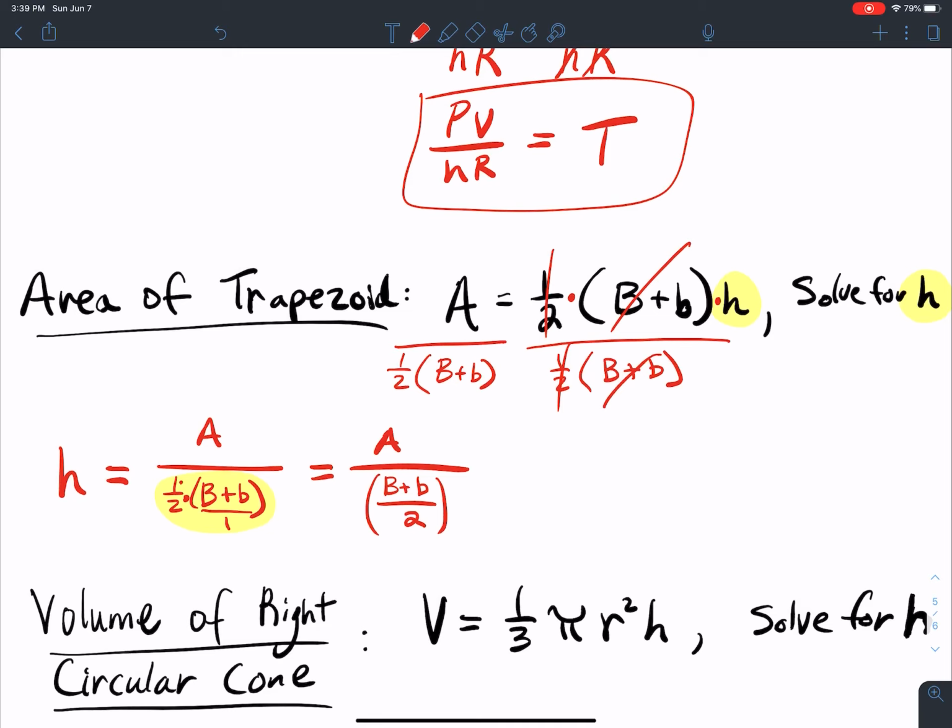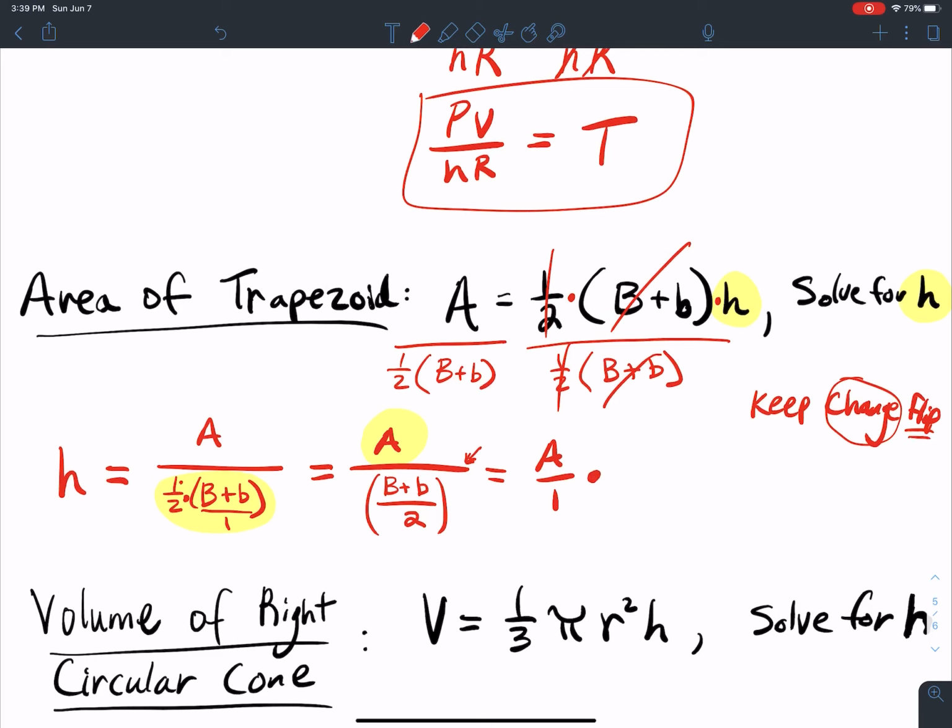So we need to do a little trick that I like to call KCF: keep, change, flip. I keep the numerator the same. The numerator is A, which is like A over 1. What do I change? I change division to multiplication.